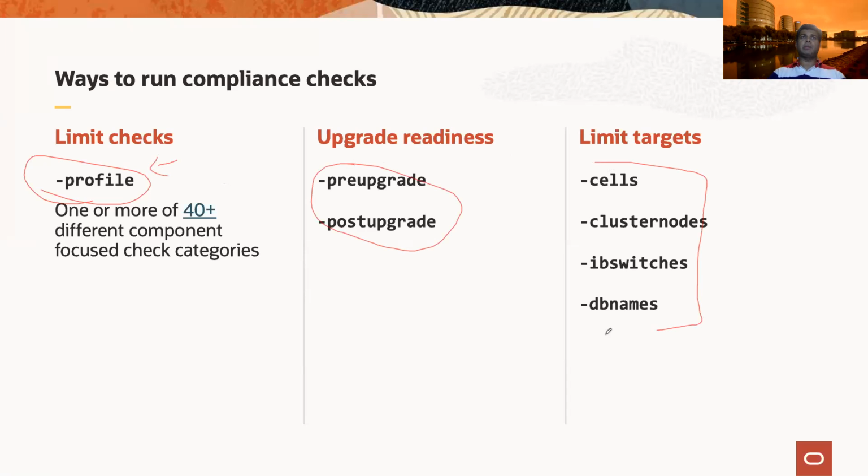On an Exadata, you can limit it to cells, cluster nodes, IB switches, or to a number of databases by specifying DB names, like DB2, DB4, whatever. That will only run against those databases and not against all the other databases.